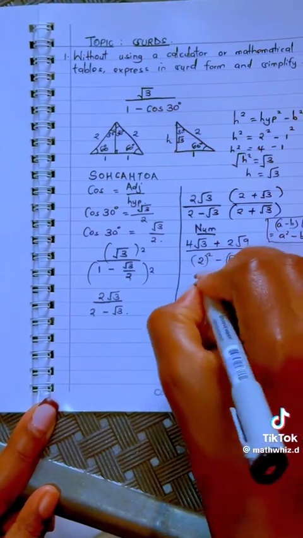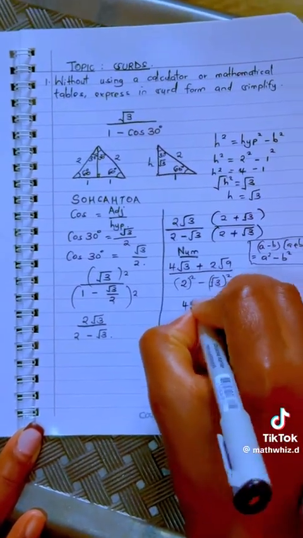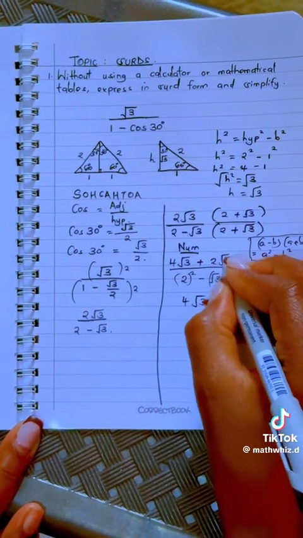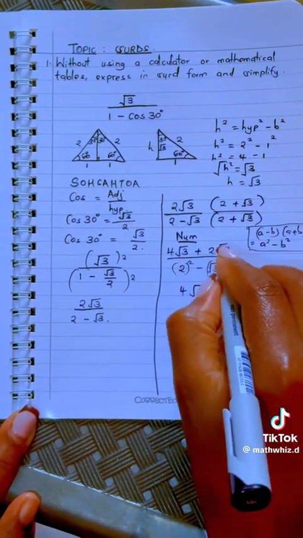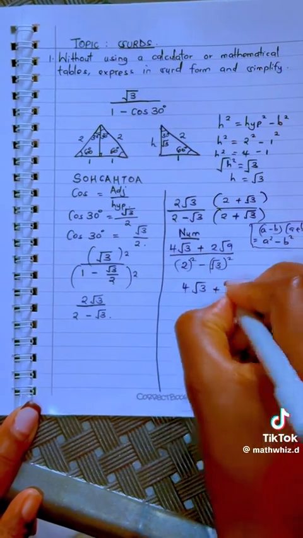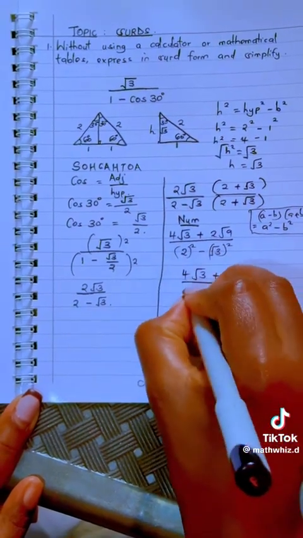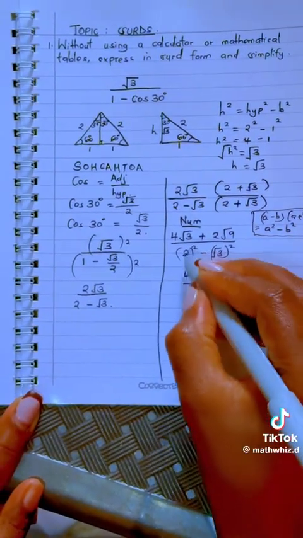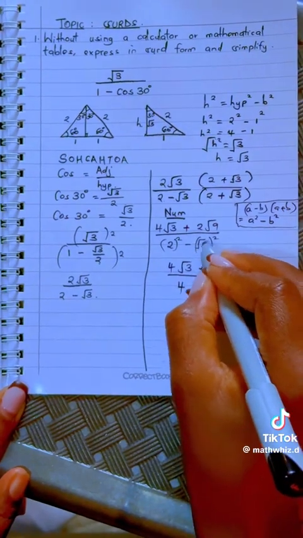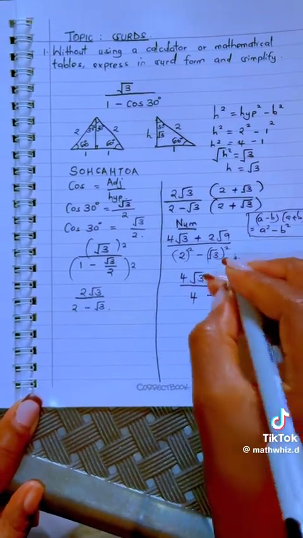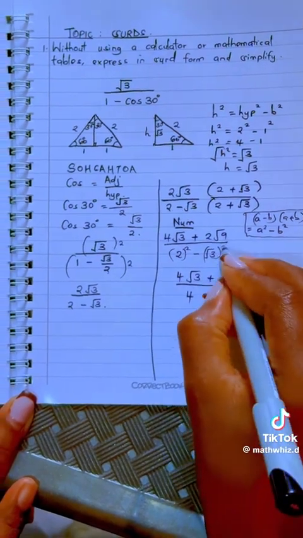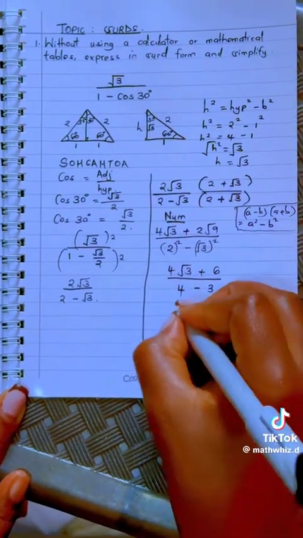So this will become 4 root 3 plus 2 times root 9, which is 3, so 3 times 2 is 6, divided by 4 minus 2 squared is 4. Then root 3 squared becomes 3 because the square cancels with the root.